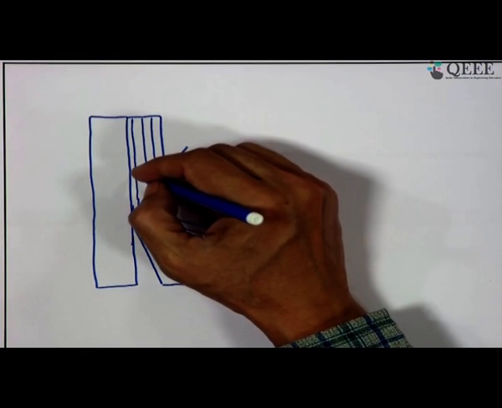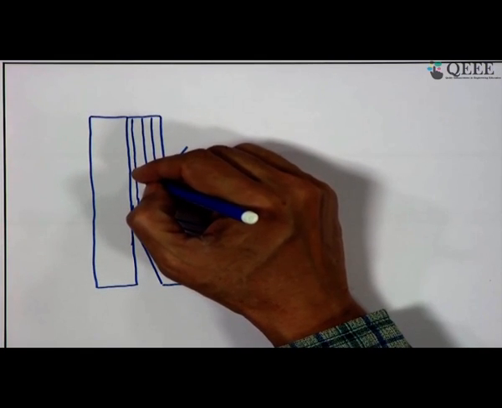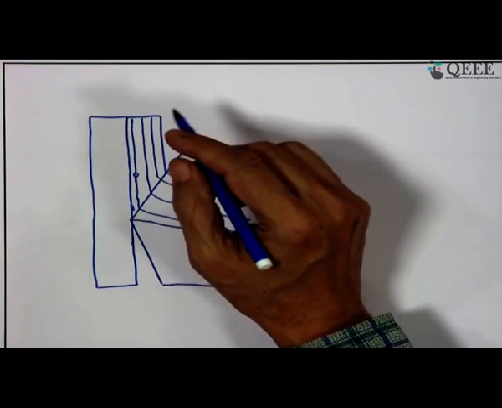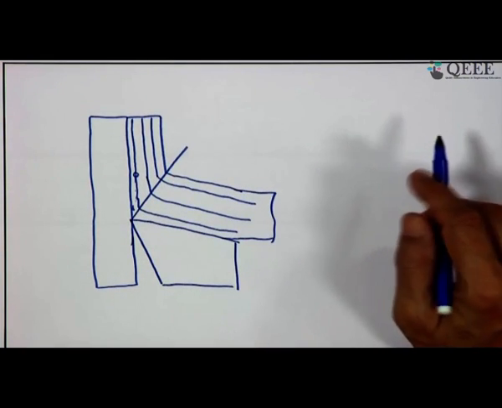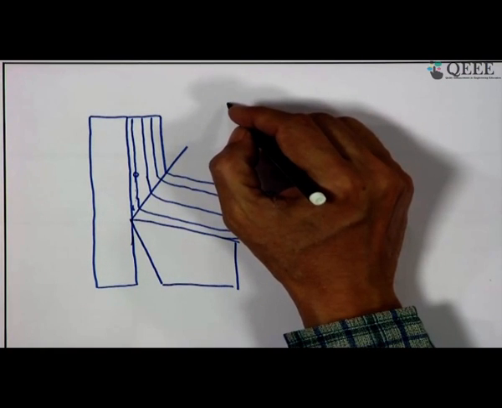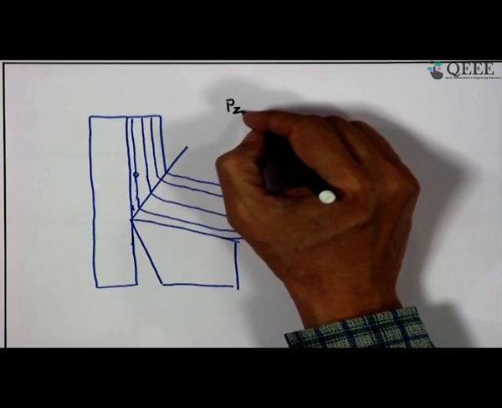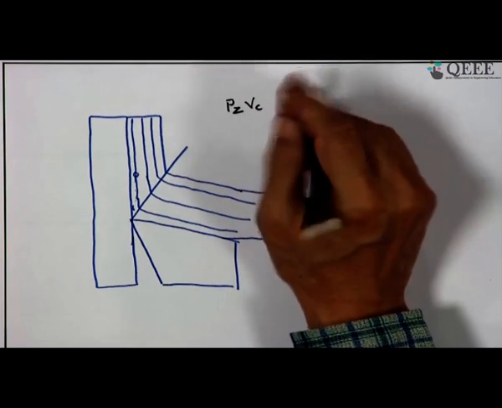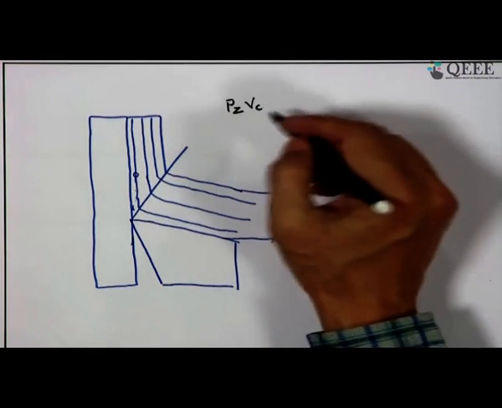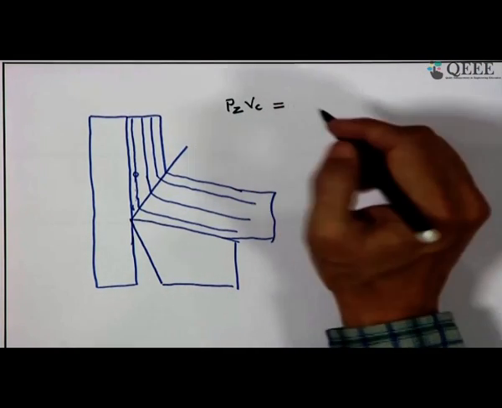Now, if we consider one point which is approaching the shear plane, shear zone, there will be immediately a rise of temperature. Now, how do we make assessment of the situation? This Pz into Vc, that is the rate of energy supplied, Pz into Vc, and that has two components.